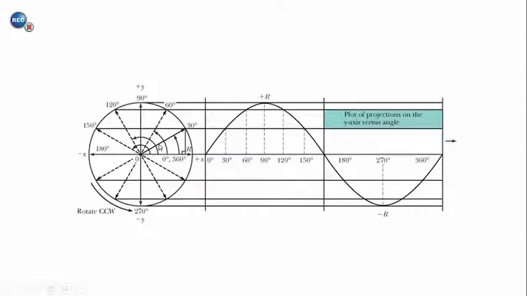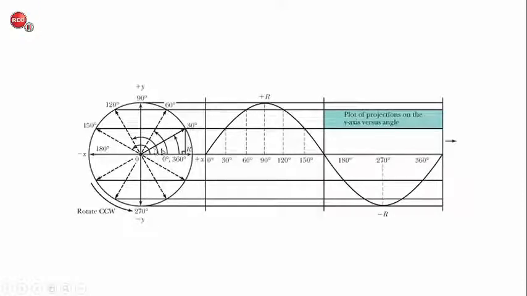This is a bit of a review of some trigonometry ideas. So this circle has a particular radius, and this radius represents the maximum voltage that can be induced in an AC generator.